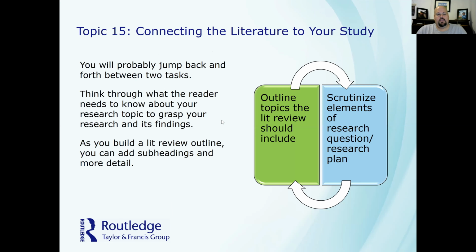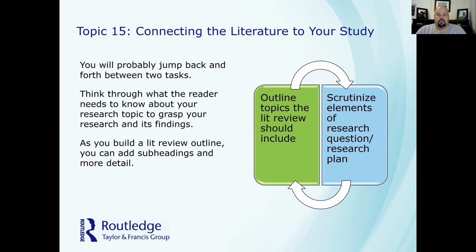So how do you connect the literature review to your study? You're going to jump back and forth between two different tasks. You're going to outline topics the literature review should include, saying, this is what I should include in this part of the research. Then you're going to scrutinize elements of the research questions and the research plan.